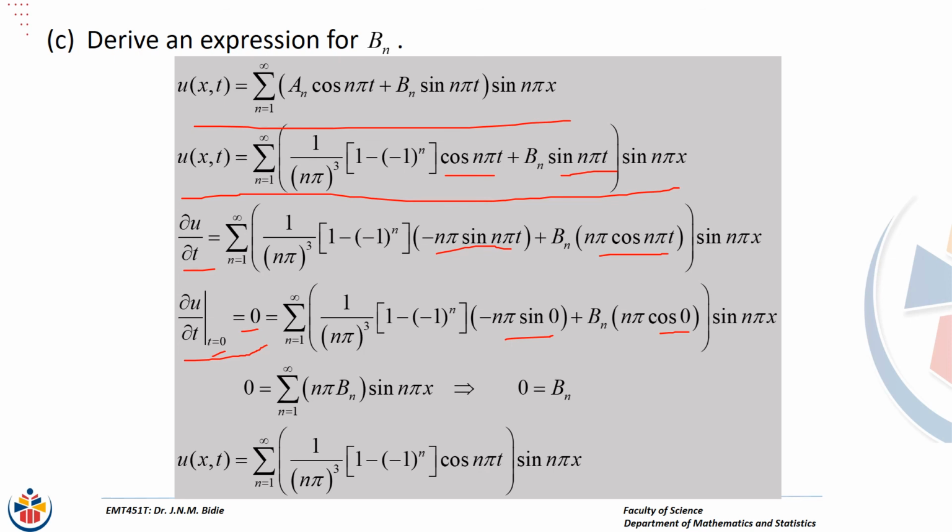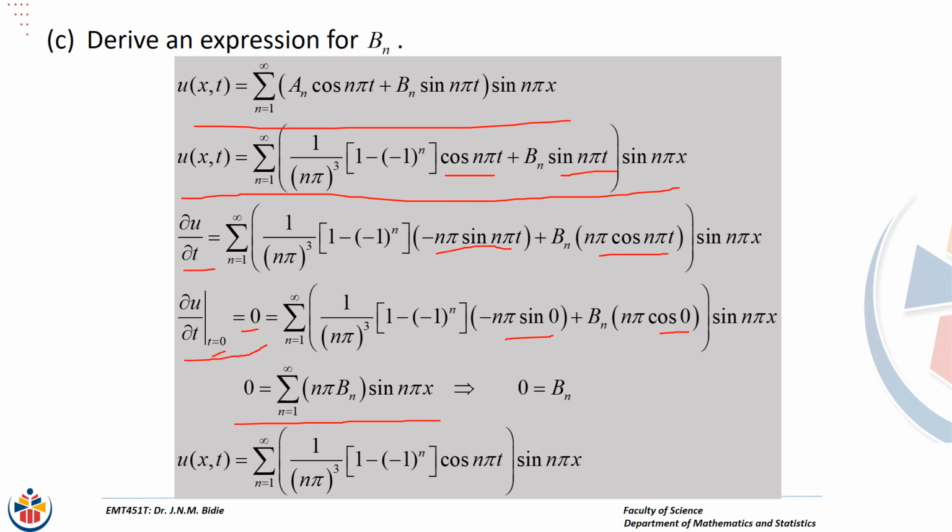Then it's simplified to this step. Sine 0 is equal to 0, cos 0 equal to 1. I got only n pi multiplied by bn times sine n pi x equal to 0.